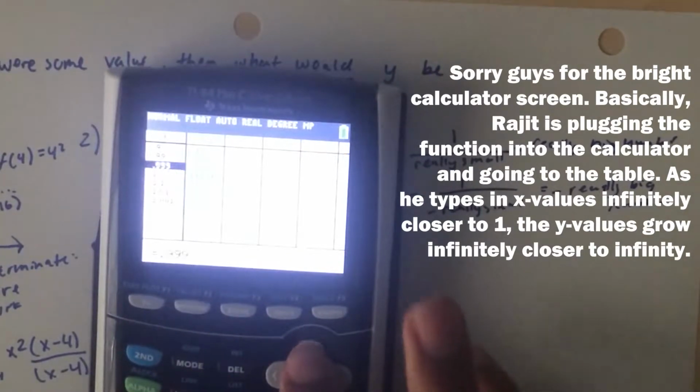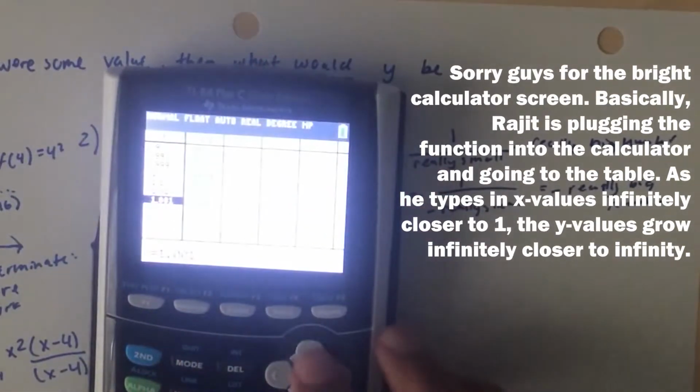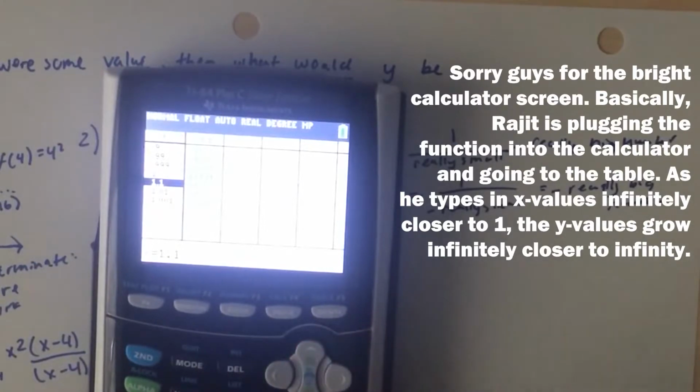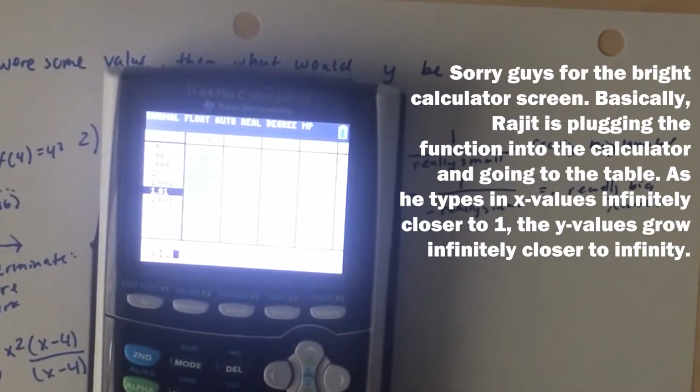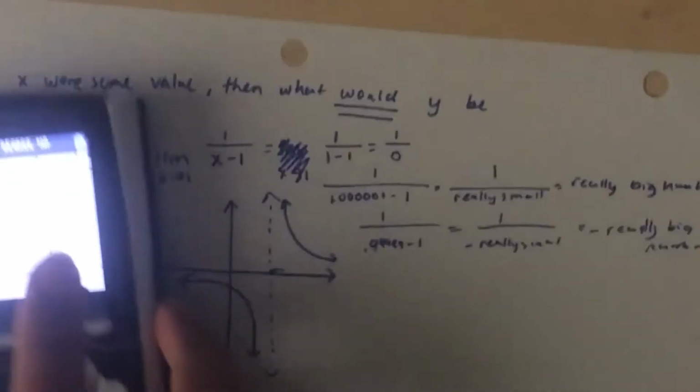And so when I do that, you can see that as you approach from the left side, as I was saying, as you keep on getting closer and closer, this value keeps on getting more negative, a larger negative number, and as you keep on going closer and closer to 1, this gets farther away. This gets closer as you approach. So actually, if I were to do it like this, you would see it like this.